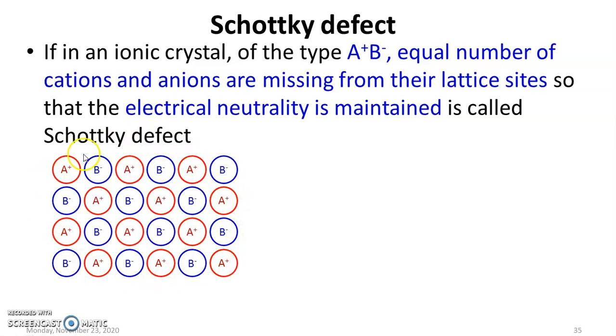For example, this is the crystal. There is an arrangement of cations and anions like this, alternately arranged. Suppose by some means one cation and one anion are missing from their original sites like this. So here there is a cation vacancy and here there is an anion vacancy.